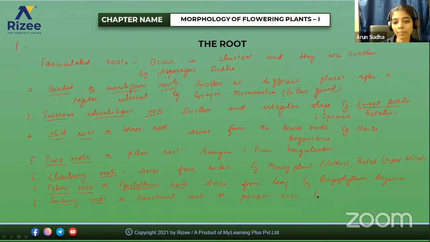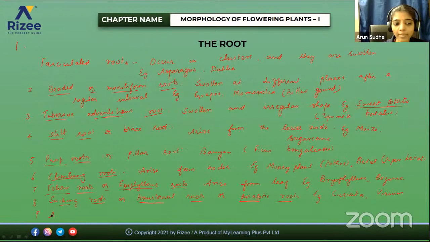The examples are Cuscuta, that we already saw in the case of parasitic plants, and Viscum. They are all examples for sucking roots, haustorial roots or parasitic roots. These roots enter the host plants to absorb the nutrients. They form a structure that is called the haustoria.